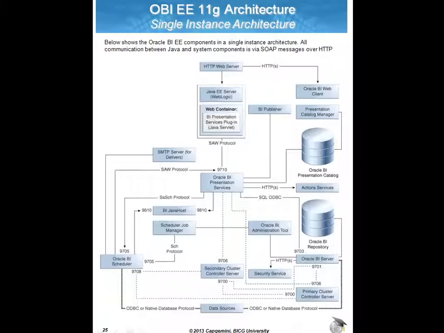And you can also notice from the diagram, and if you wish, you can pause the player at this point and take a note of the port numbers that are being used. And also keep in mind that this architecture is a very memory intensive architecture. So you're going to want to maximize your RAM on your machines, and Oracle recommends that we use a minimum of 16 gigs of RAM.